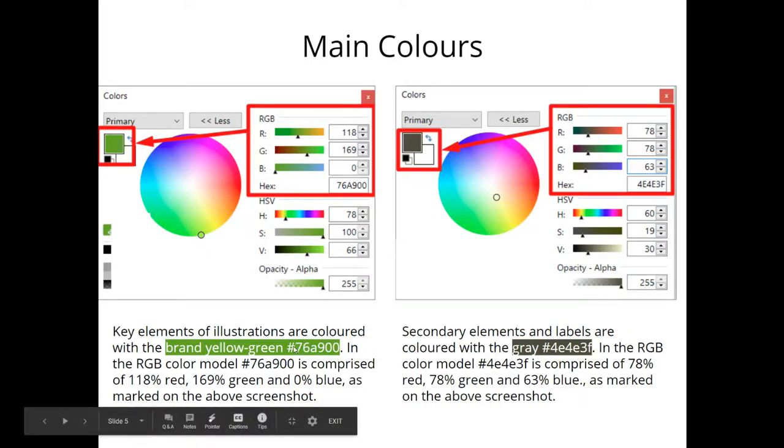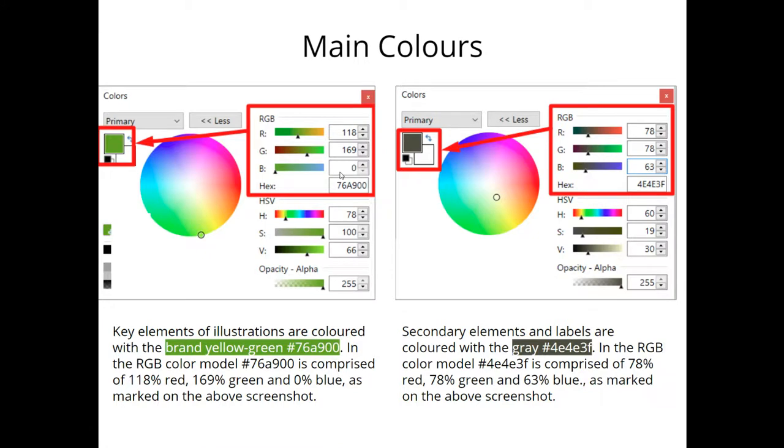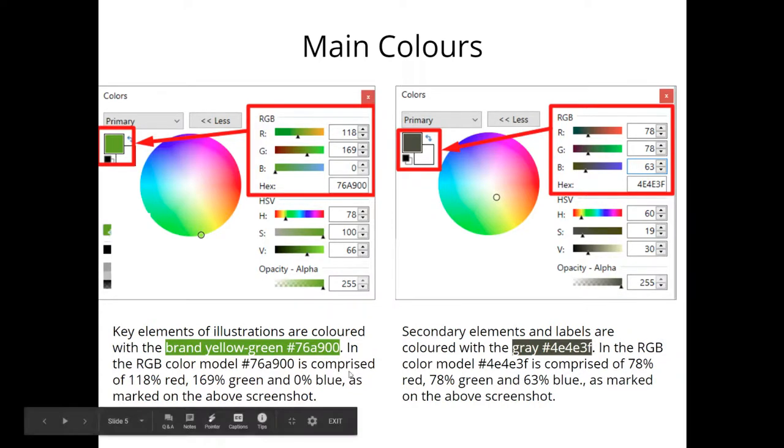The first main color is this yellow-green. Here we see its code, and also the red, green, and blue percentage. So if you have different graphic editors, you should find this information useful.